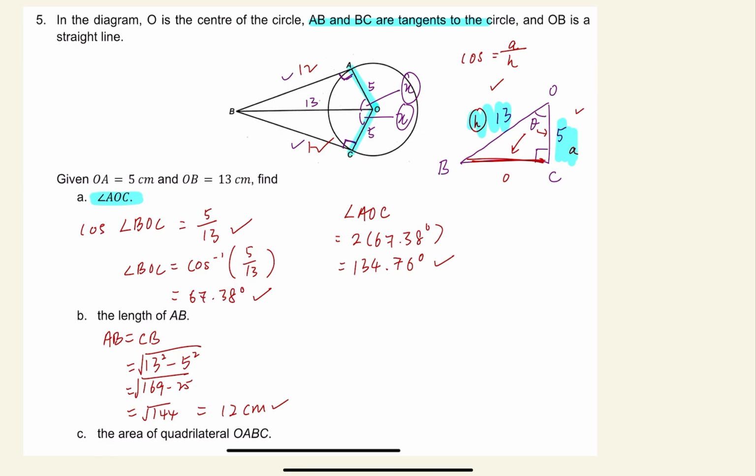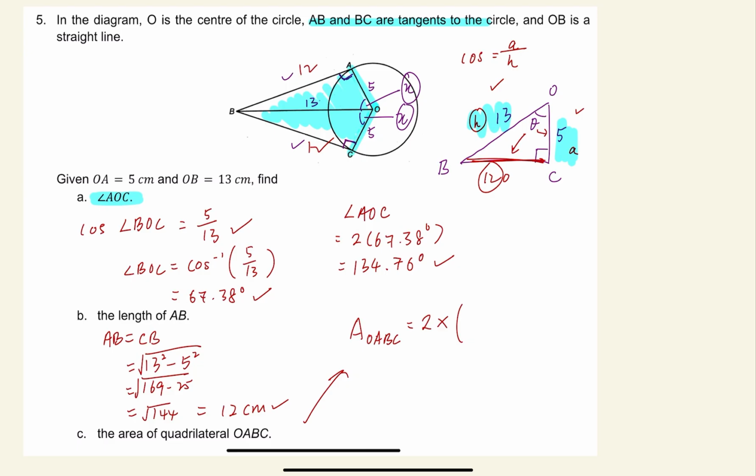And moving on for your C, you are required to find the area of the quadrilateral OABC, which means everything here, right? This quadrilateral is formed from two identical right angle triangles, and this is 12 cm. So to get your area of OABC, you will use 2 times the area of the right angle triangle, right?